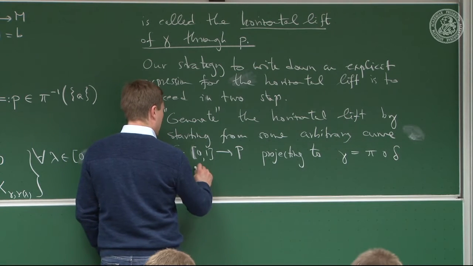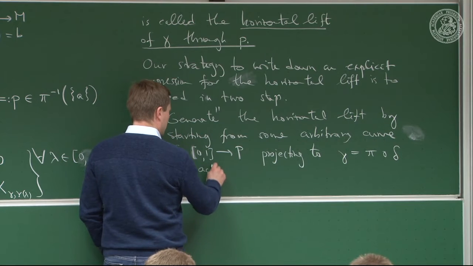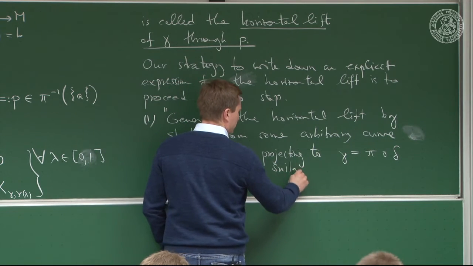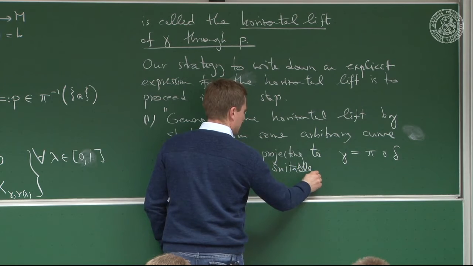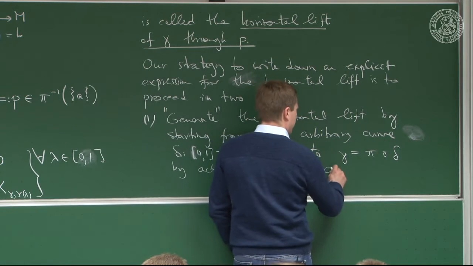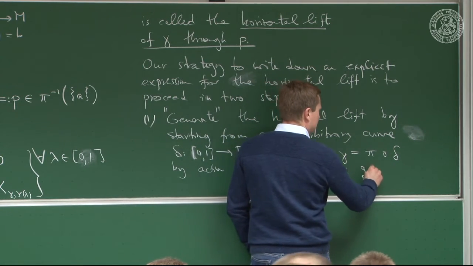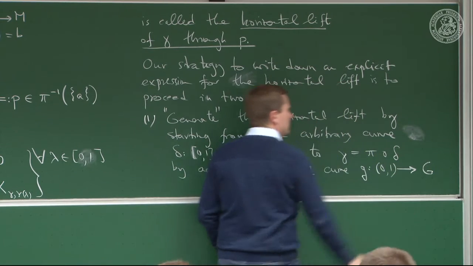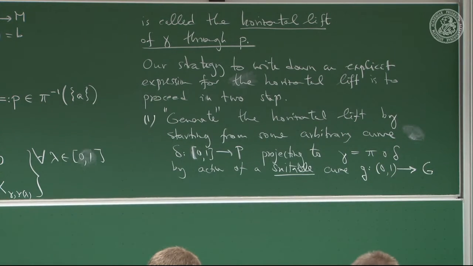By action of a suitable, and of course this needs to be said immediately what I mean by suitable, of a suitable curve G, and this is now again a curve from 0, 1, but with values in the Lie group of our principal bundle.